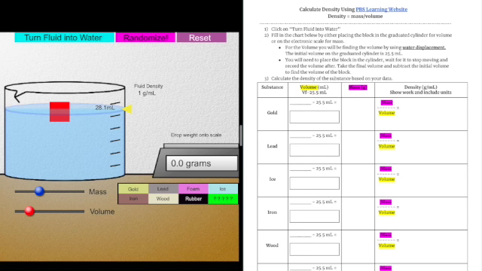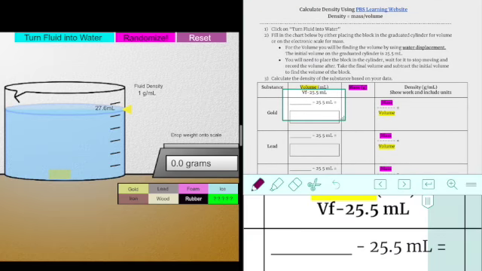Okay, so I'm going to do a couple of them with you. Let's select gold. There's gold, and notice it dropped to the bottom. The volume on the graduated cylinder is 27.6 milliliters, so that's going to go on the line.